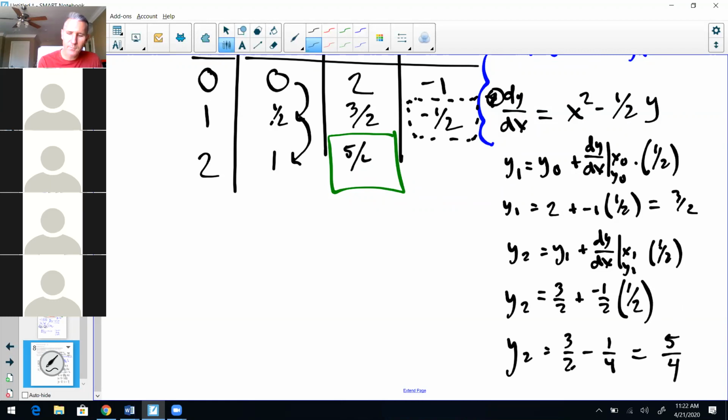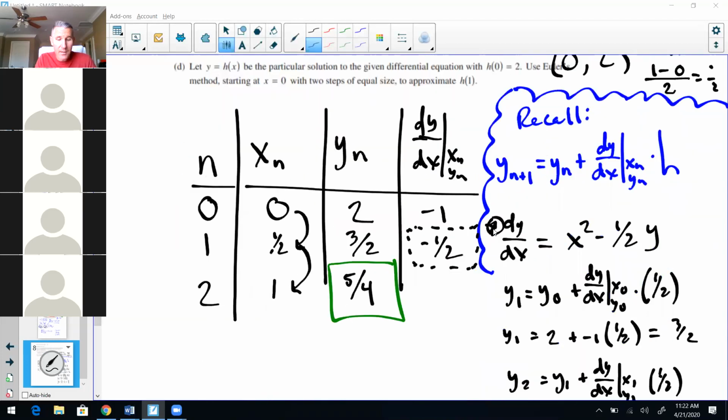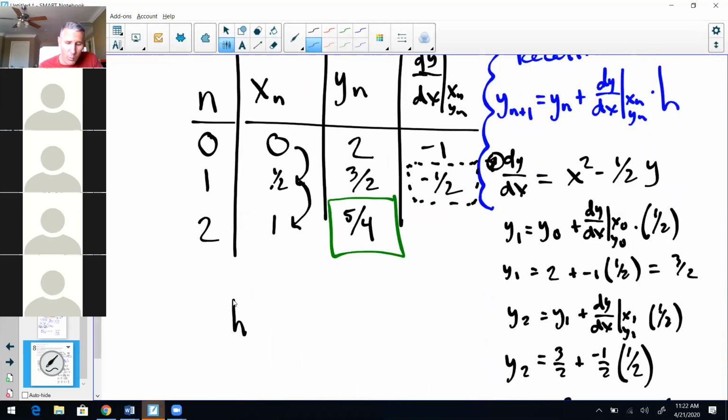5/4. Right? Cool. So now, let me see if I answered it. Use Euler's method starting with 2 steps of equal size to approximate h of 1. So I'd say, therefore, h of 1 is approximately 5/4, right?